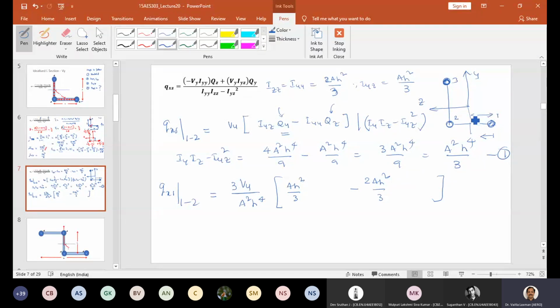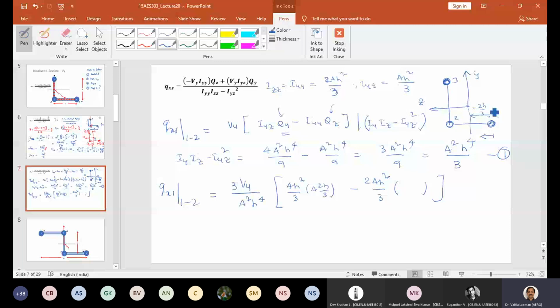What is this distance? Minus 2H by 3. Minus 2H by 3 into area, right? So that is area into 2H by 3. Okay. What about this side?